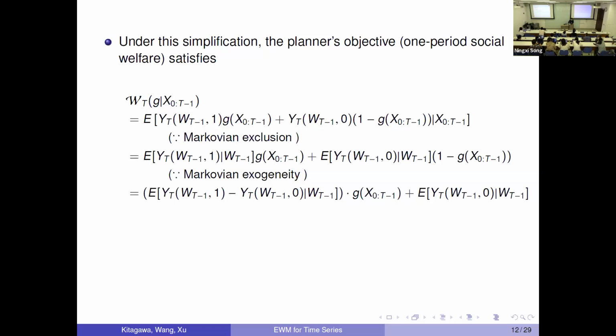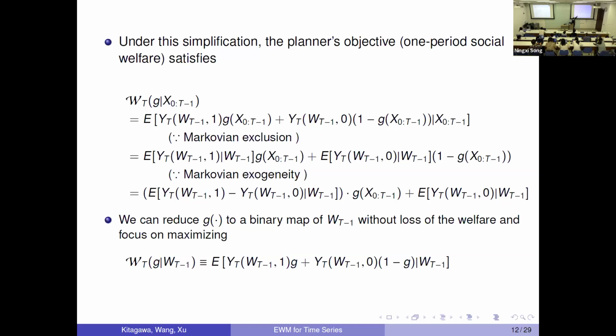By doing so, we can simplify the conditional welfare target with assumptions 1 and 2: our potential outcome only depends on the current treatment and the previous treatment, and the conditioning variable is reduced to W_{t-1}.